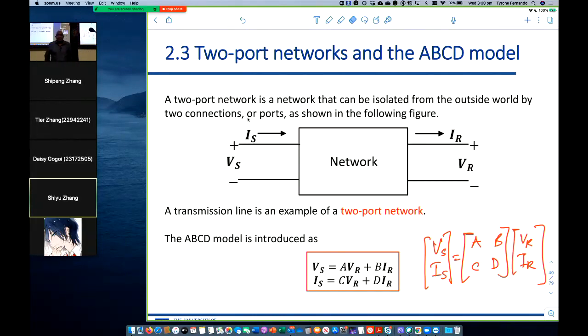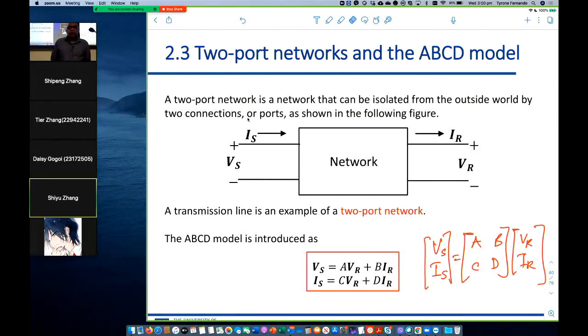Hello everyone. Let's start this lecture. Now Lujin has started this chapter on transmission line modeling, and he has so far discussed the model for the short length transmission line and the model for the medium length transmission line.